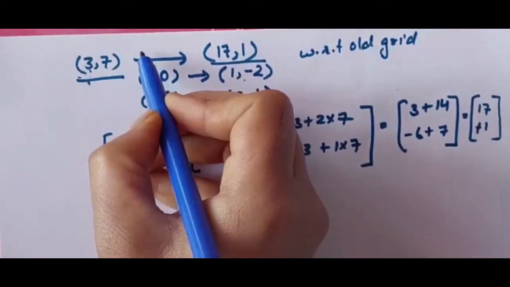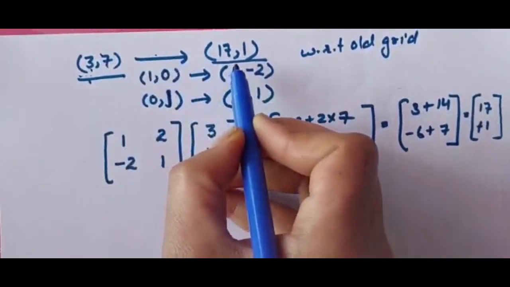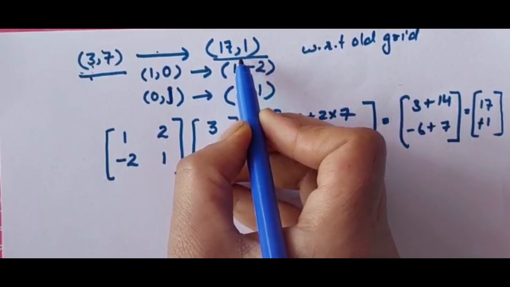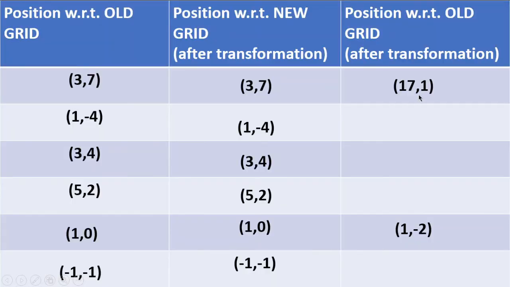But this is before transformation and this is after transformation. So we learned how to mathematically find out the position of any point with respect to the old grid after the transformation. We worked on this example, and on similar lines we can work on the rest. Please try them out and try to match these answers. Thank you.